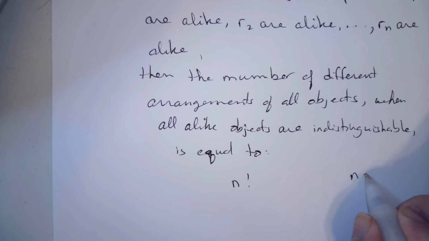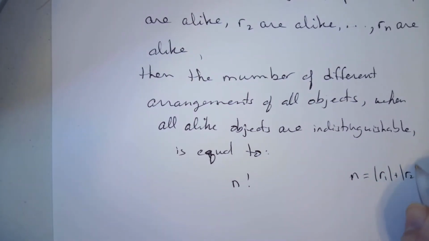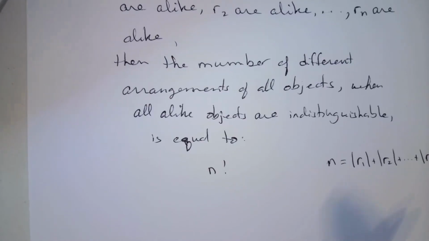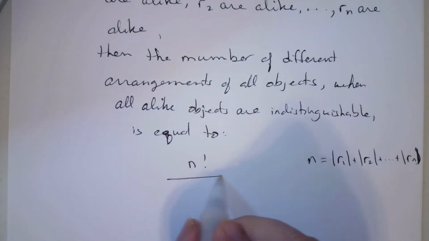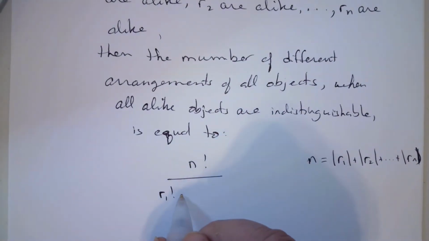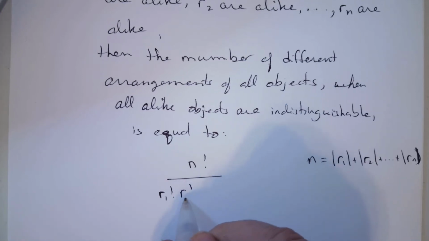Remember, n is the summation of all the cardinalities of each group, the number in each group, divided by the product of each cardinality.